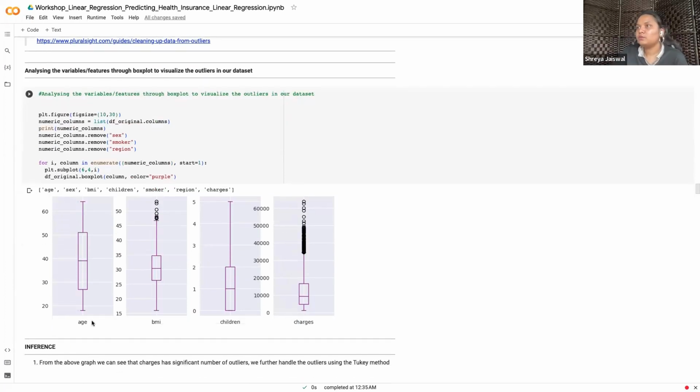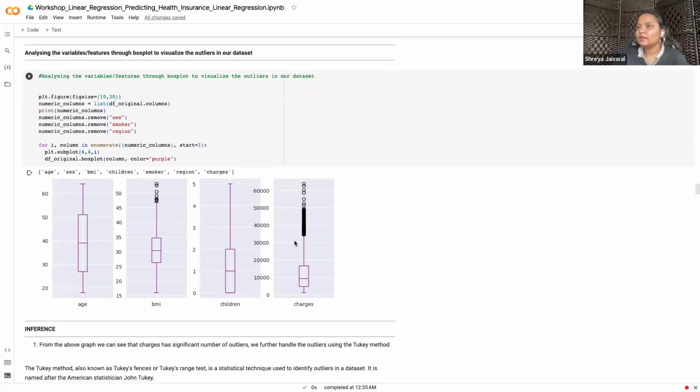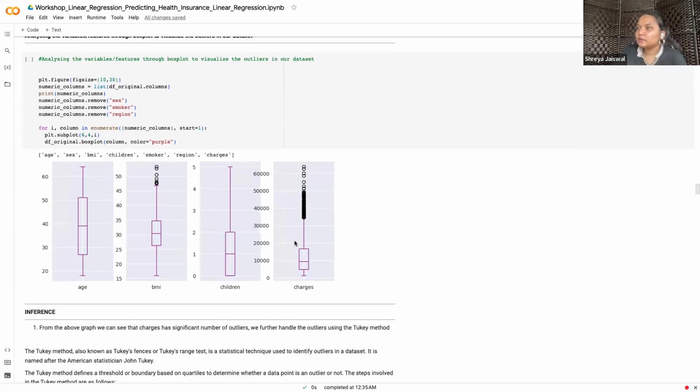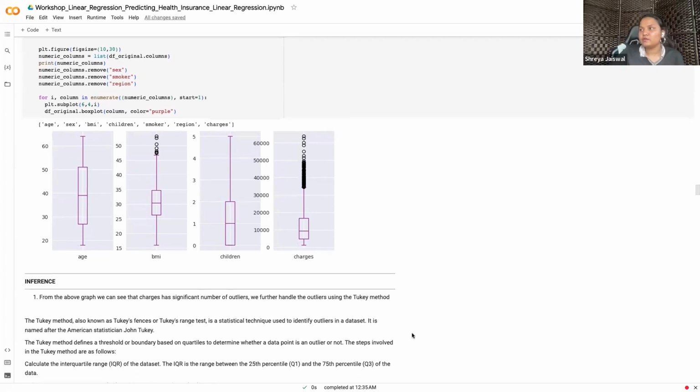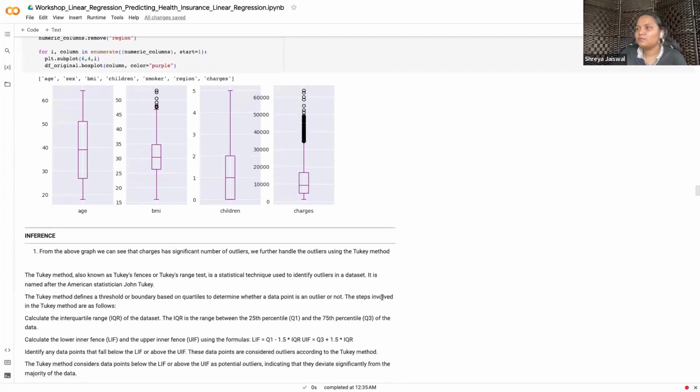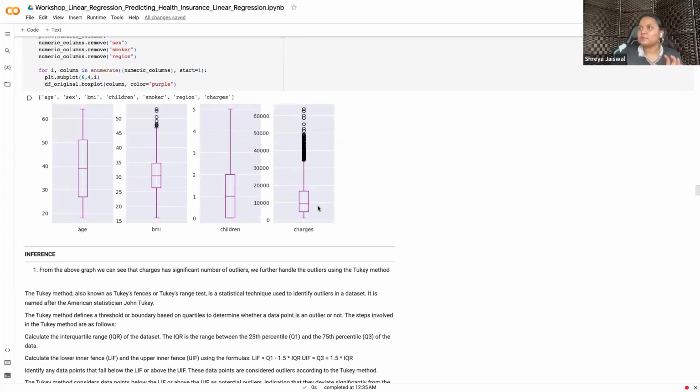So what we try to do here is we first see what kind of outliers are present. There are different types of algorithms built to deal with outliers. For this particular case, I've used the Tukey method. So basically what this method is doing is, I have my interquartile range, right?